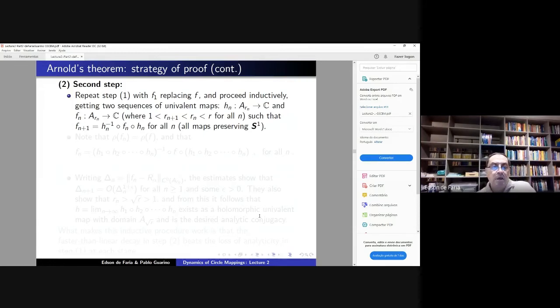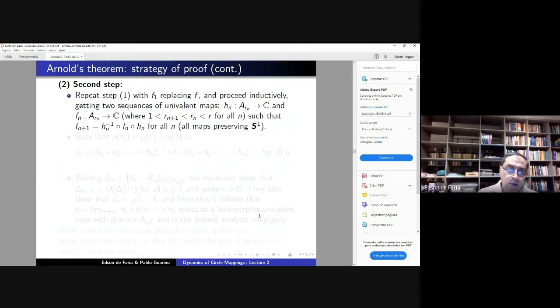And you get another sequence of diffeos, all with the same rotation number as the original F. They satisfy this relation that you see there, that F sub n plus 1 is H sub n inverse composed with Fn composed with H sub n.